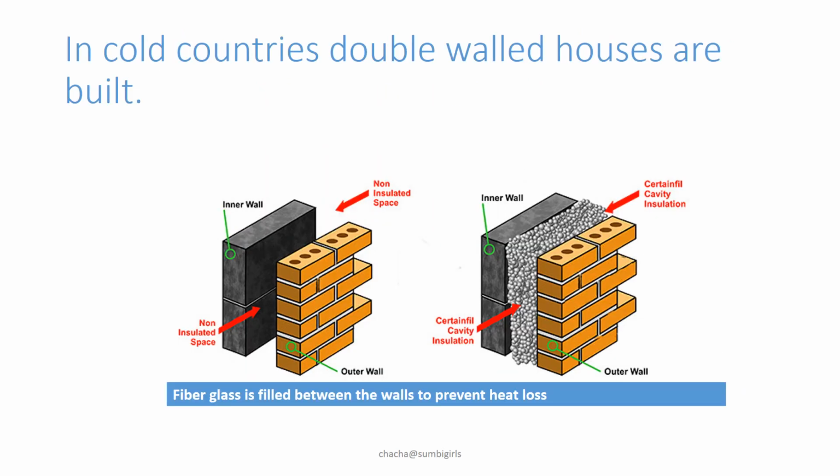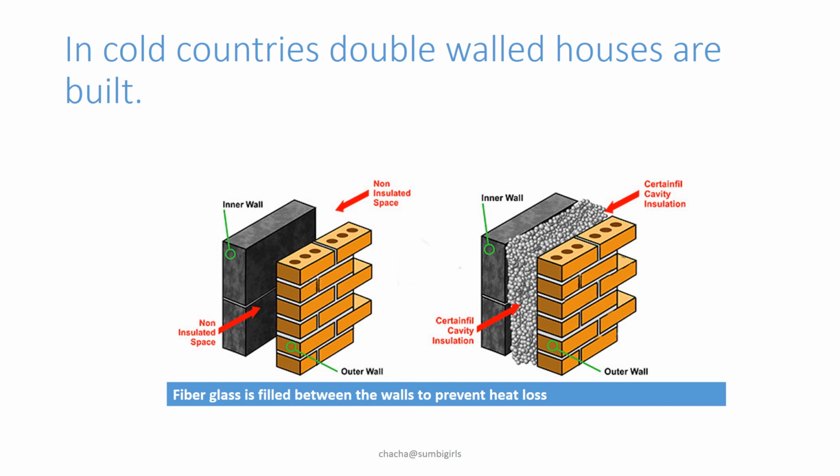So finally, the true finally, I want to say that in tropical regions, houses are built with two walls, and some insulator is put in between the walls, e.g. glass fiber or fiberglass, to minimize heat loss to the surrounding.